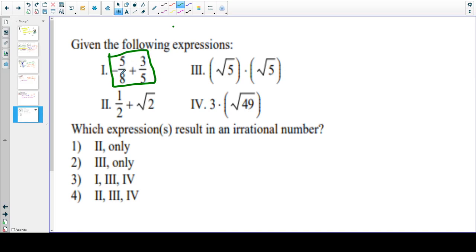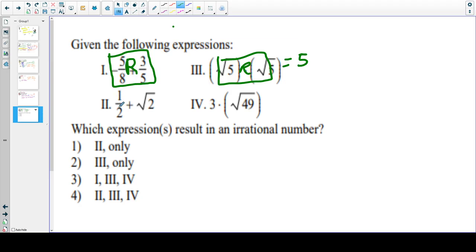Both fractions have integer numerator and denominator. So this is a rational number. Number 3, you might say to yourself, oh, this is irrational and this is irrational. But this is actually the exception. If you multiply the square root of 5 times the square root of 5, your answer is 5. So this is also rational.